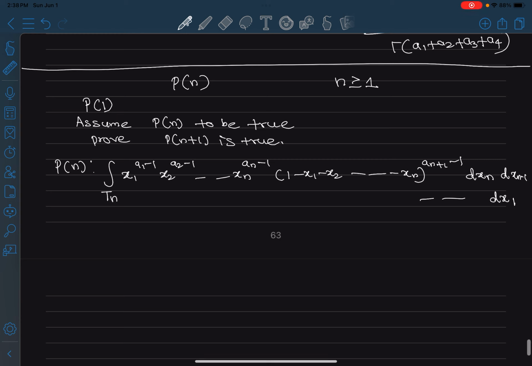So this will be equal to, actually what I can also do is, I can also write it in the opposite way. It doesn't really matter, right?